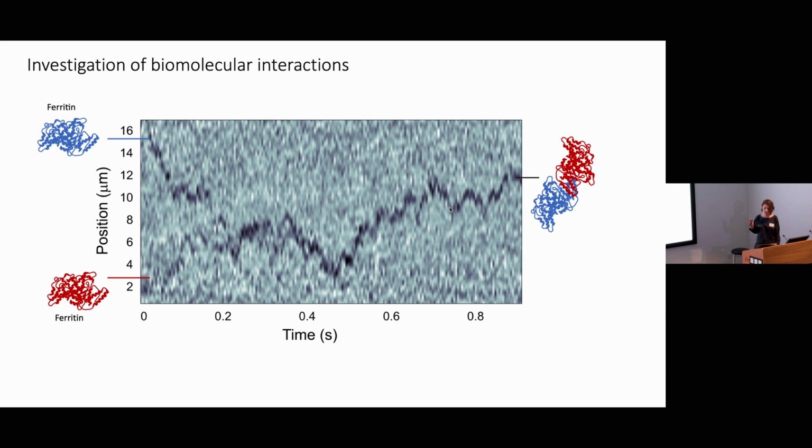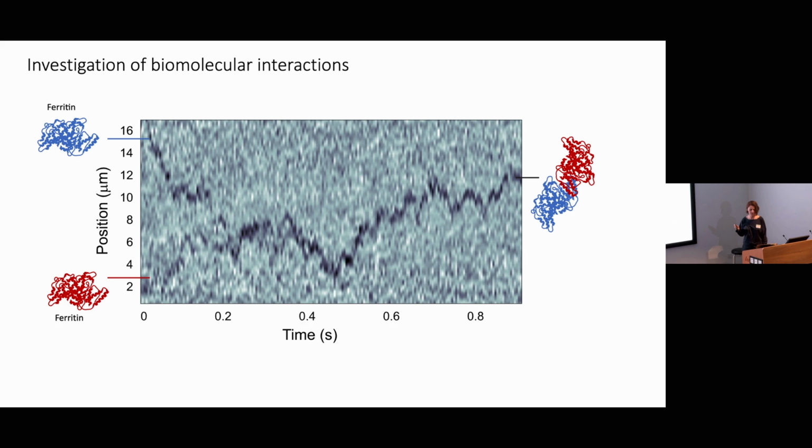So this is an example of a chemograph that catches a binding event of 2 ferritin molecules creating a dimer. So we were actually the lucky ones. And I'm sure it's exciting, or for us it was exciting to see these processes in real time.